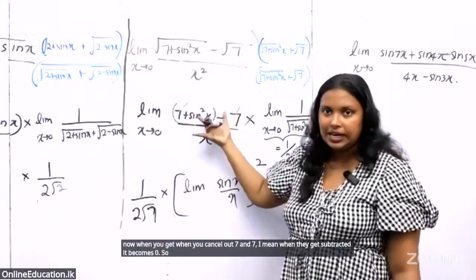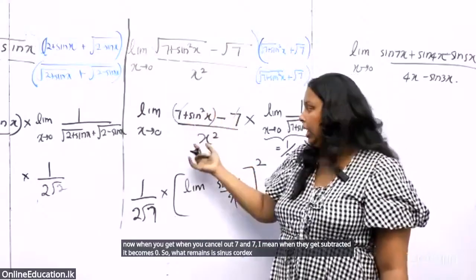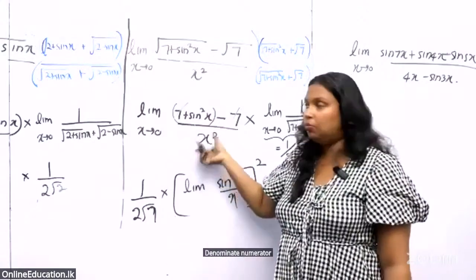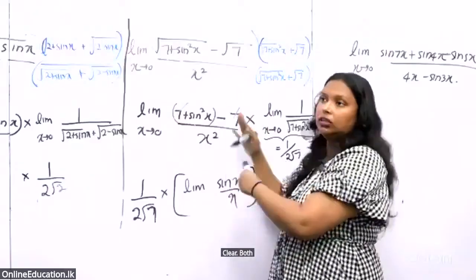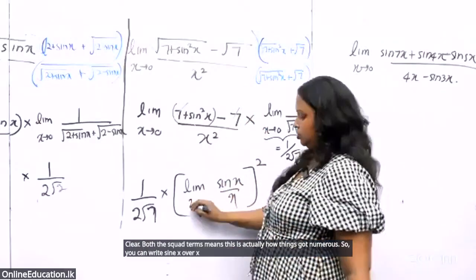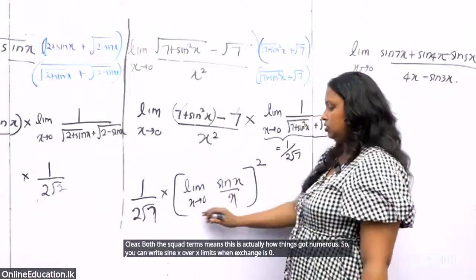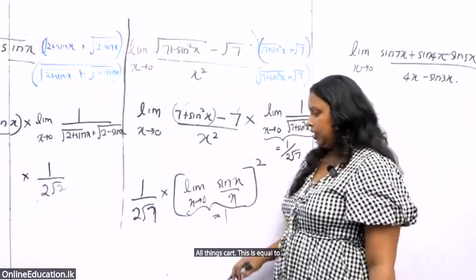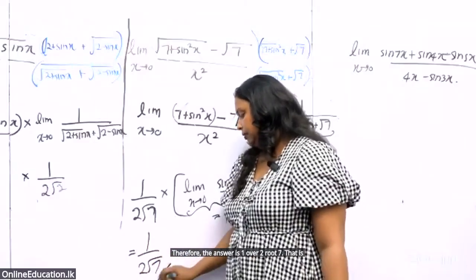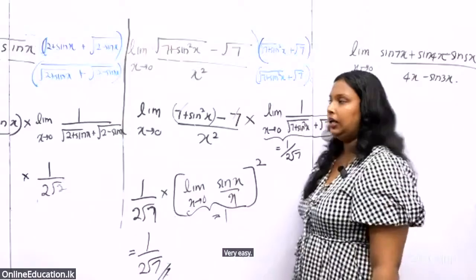So what remains is sine squared x in the numerator and x squared in the denominator. Both are squared terms, means this is actually the whole thing squared. So you can write sine x over x, limits when x tends to 0, whole thing squared. This is equal to 1. Therefore the answer is 1 over 2 root 7. That's how, very easy. Right?